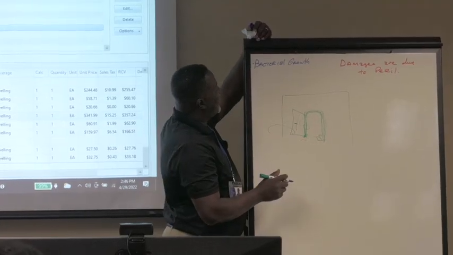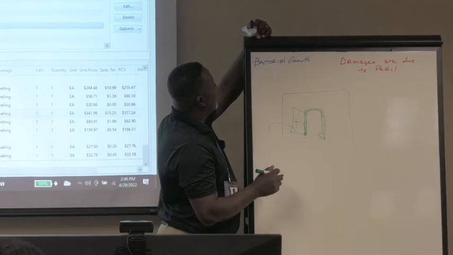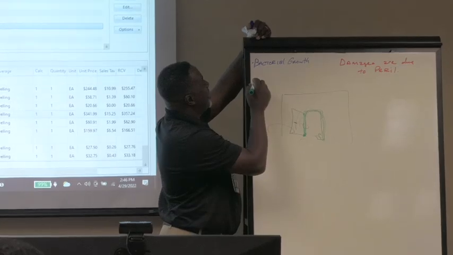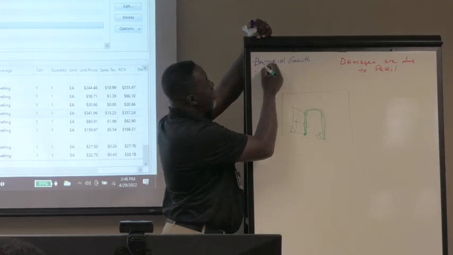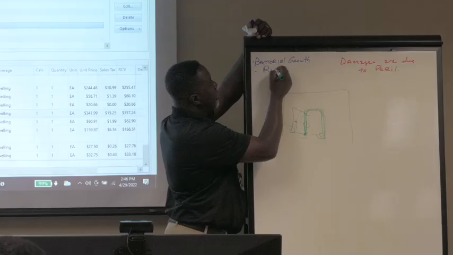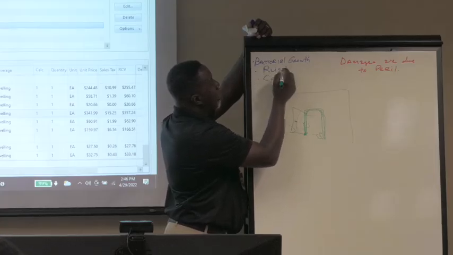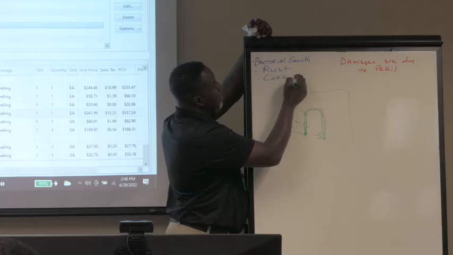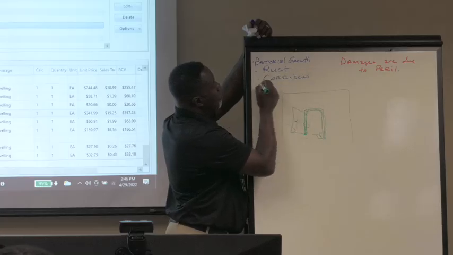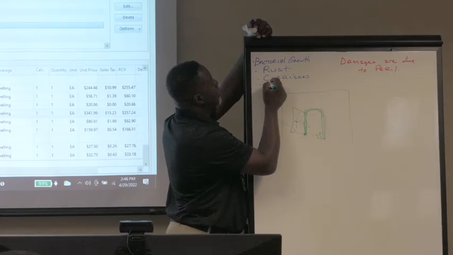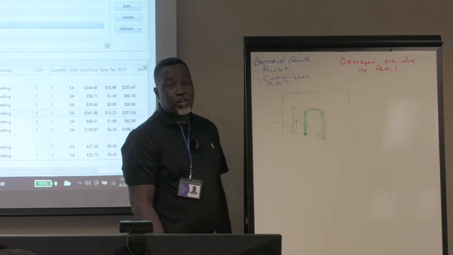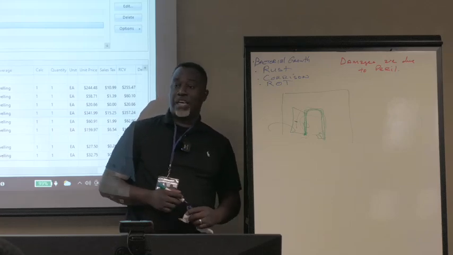We ain't qualified to be using that M word, okay? Bacterial growth, rust, or corrosion, and rot. You guys know what it is. And rot. Those are signs that time has passed.